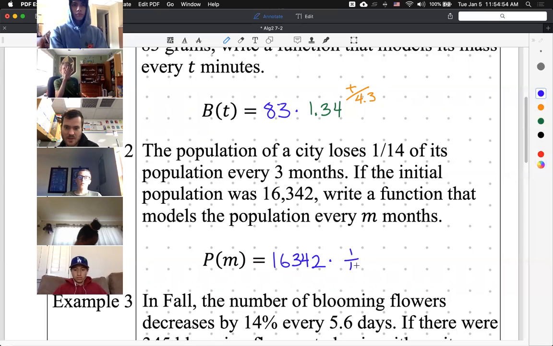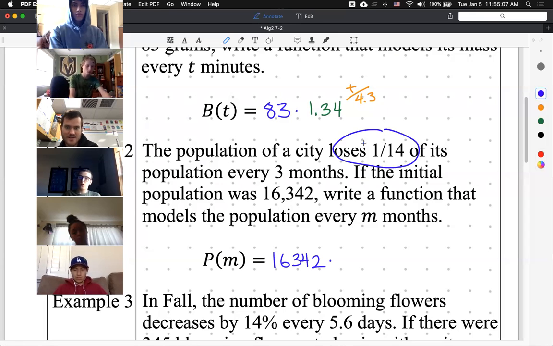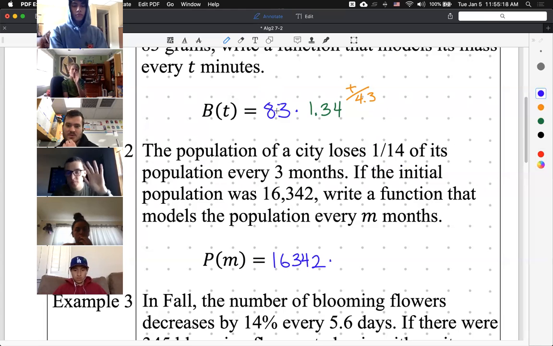If you said 1/14, you're on the right track, but that's not the right number. One-14th is somehow affecting its rate, but how? Charles, talk to us.